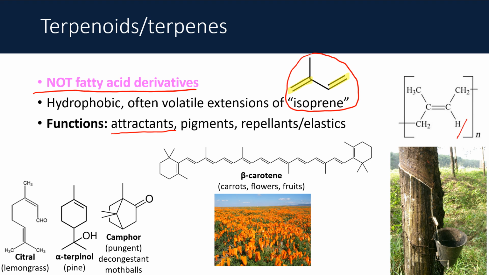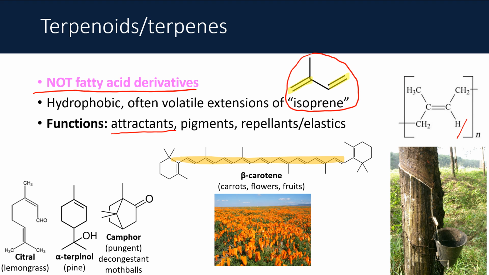Now, what happens if you chain up a bunch of isoprene units in a row and make a very long polyalkene? Well, because these have higher molecular weights, they're not going to be as volatile, but by conjugating a bunch of alkenes together, they're going to now absorb very intensely within the visible spectrum of light.